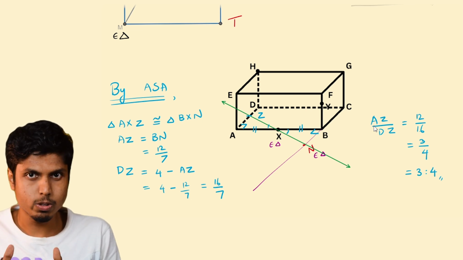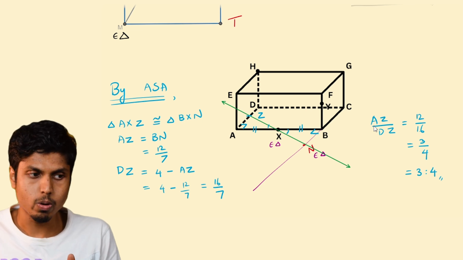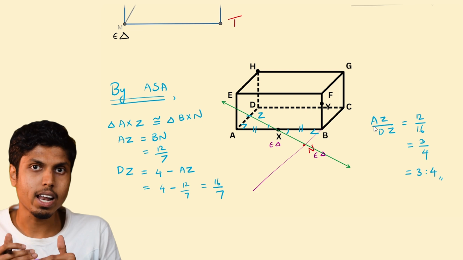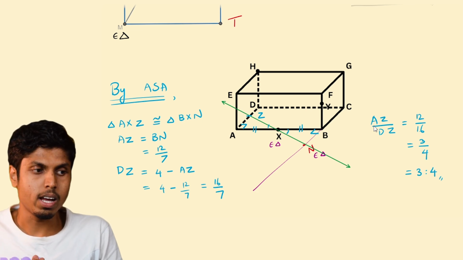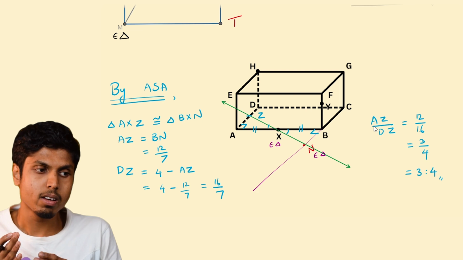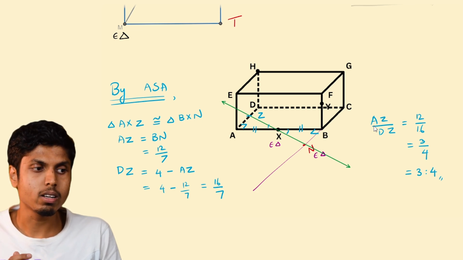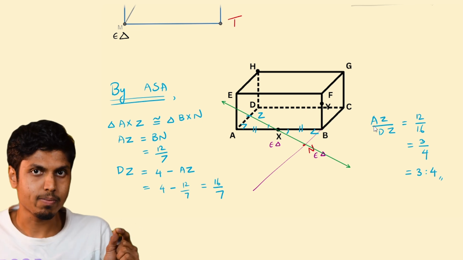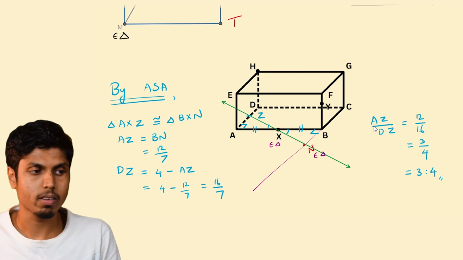So we just use the fact that if 2 points belong to the plane, then the entire line defined by those 2 points lies on the plane. And if exactly 1 point lies on the plane and one other point does not lie on the plane, then the line shall intersect the plane only at 1 point.